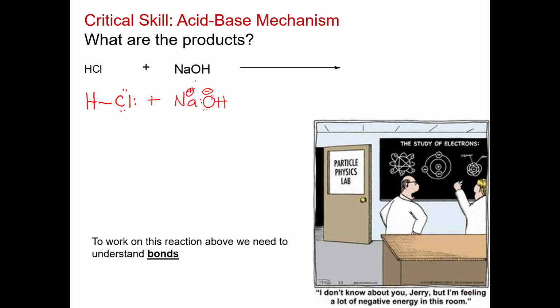And we have hydrochloric acid and sodium hydroxide. And you might, for whatever reason, maybe you've seen this reaction a dozen times and you're like, yeah, I know, it forms NaCl and water.